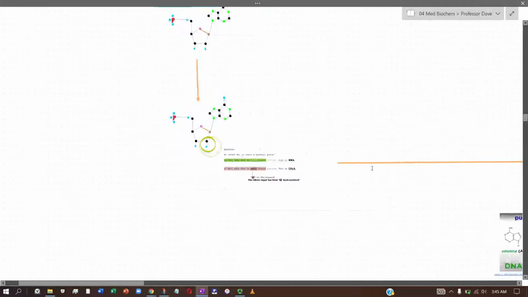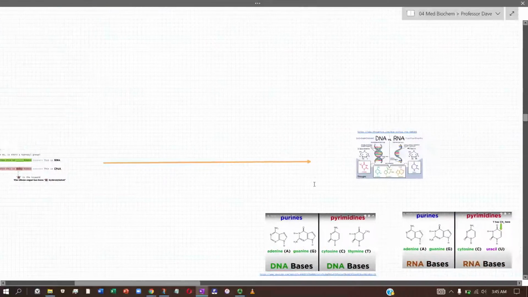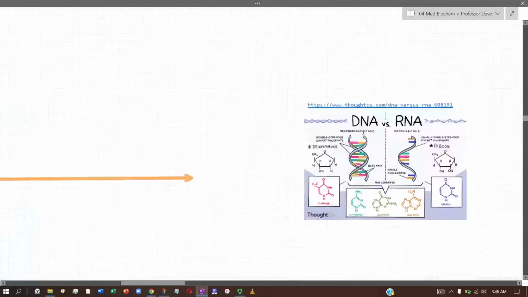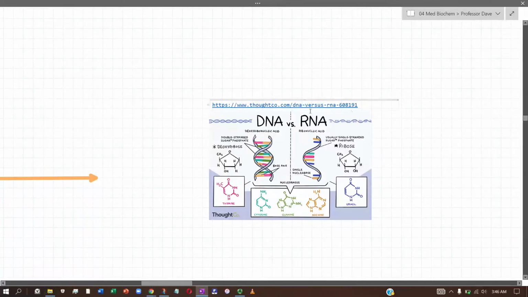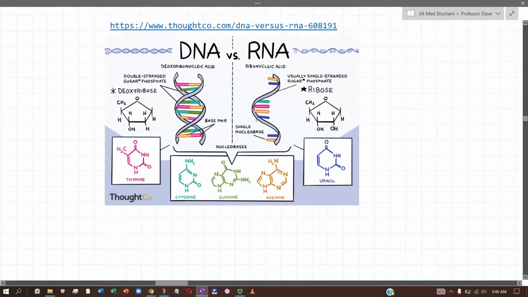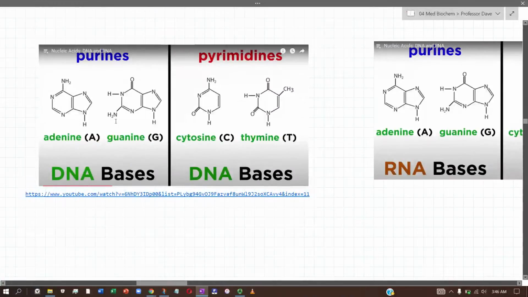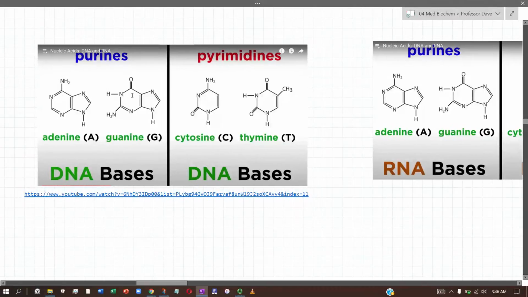Cool. Okay, pretty straightforward. So then we have this arrow pointing to this diagram that I got from this website, if you'd like to go check it out on your own. And it's just this undergrad level comparison of DNA versus RNA. And over here, these are screenshots from the Professor Dave Explains playlist.